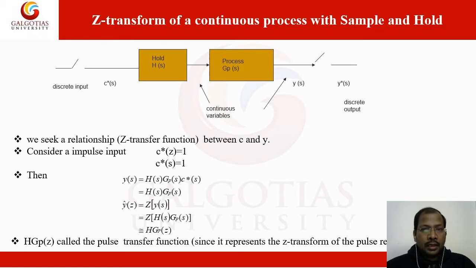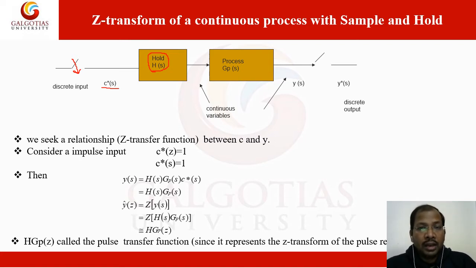In this circuit diagram, there is a discrete input. This discrete input is converted into a continuous signal, represented by C star of S. The transfer function of this whole circuit can be represented as H of S. Then we apply the process, plant or equipment.